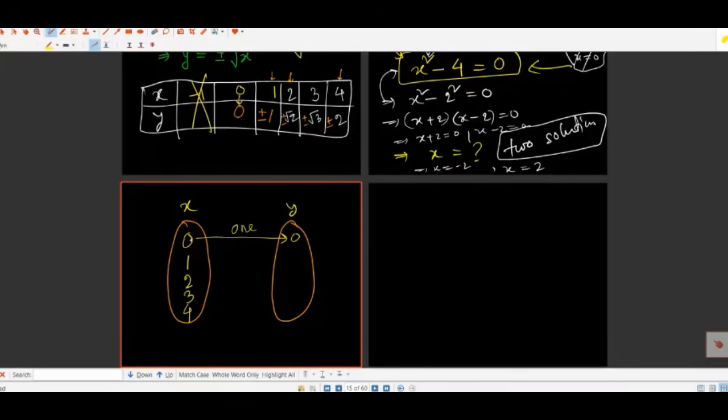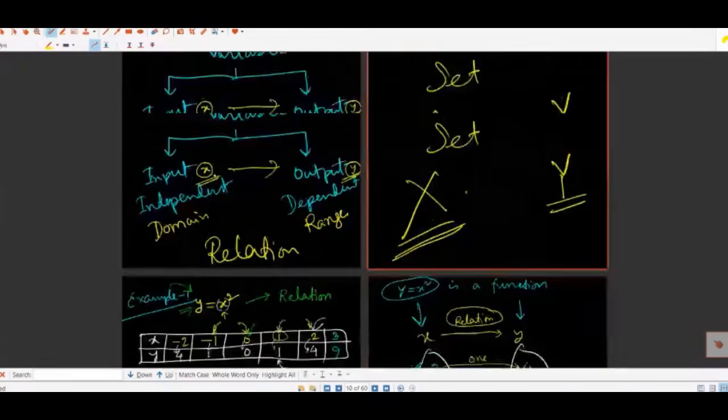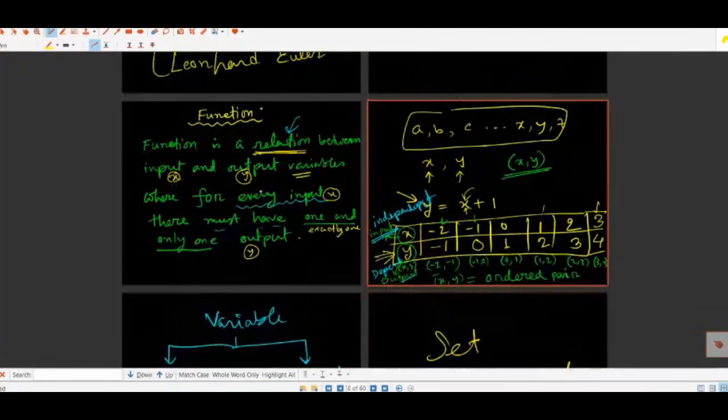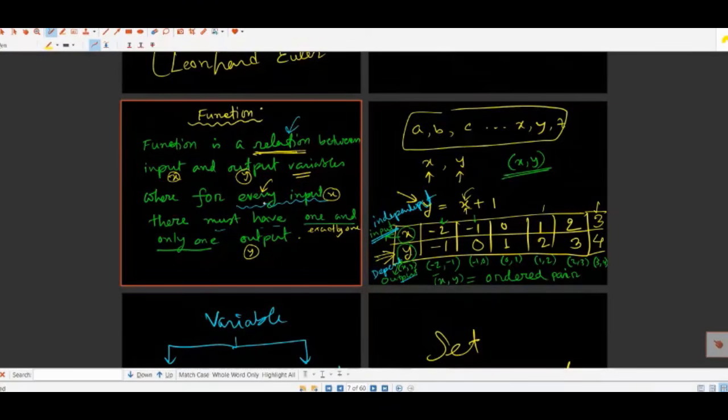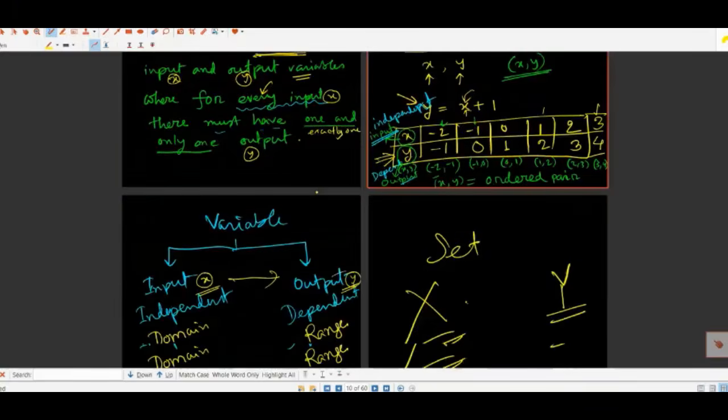Up to now, we can say that it goes with the definition of function. For this input, we have one output. But don't forget that in our definition, we mentioned every. Not only the first input, every input should have one or only one output.